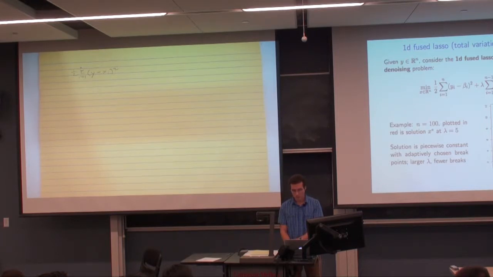It's equal in the first, maybe 22 components because of this term, and then it chooses to make a breakpoint somewhere around the 20th point and the 21st coordinate, and then we have another flat stretch, another flat stretch, so it looks like 5 flat stretches total. So we've accomplished our goal of fitting a piecewise constant function.